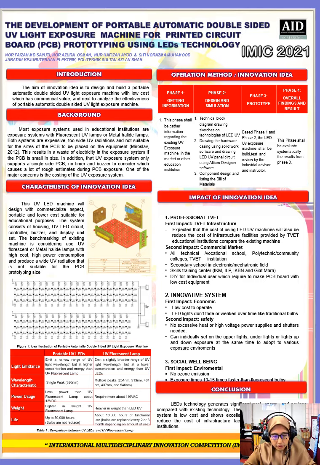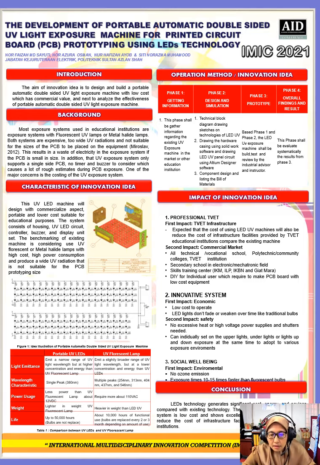The portable UV LED is lighter, and for lifespan, it can last up to 50,000 hours compared to the UV fluorescent lamp, which is about 10,000 hours of functional use. Fluorescent bulbs are replaced every 2 or 3 months depending on usage. For the portable UV LED, bulbs are not replaced.